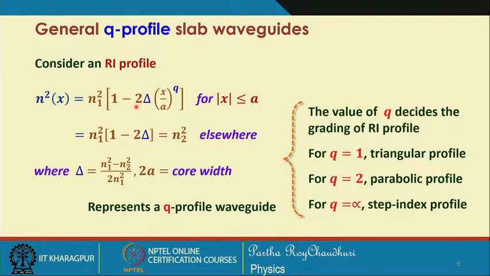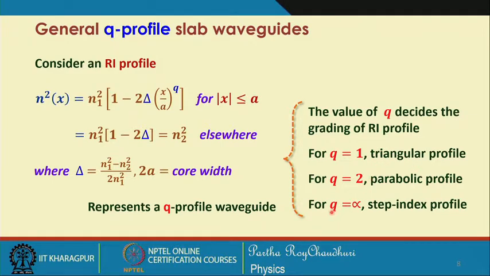We can reduce this general mathematical expression to any particular profile which we want by simply putting, for example, q equal to 1, which will give you a linear profile, and we have called this the triangular profile. If you put q equal to 1, it simply becomes a linear function, and if you put q equal to 2, it becomes a parabolic function. It can assume any value between 1 and 2 as well, which is not exactly parabolic and also not linear, but a variation somewhere in between.